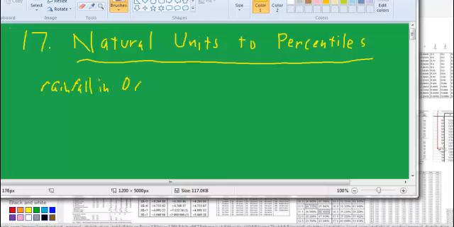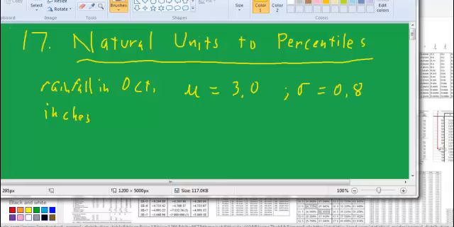Every October we measure the amount of rain, and I'm going to assume that the mean rainfall is 3 inches, and the standard deviation is 0.8 inches. I'm making that up. And so the natural unit is inches.